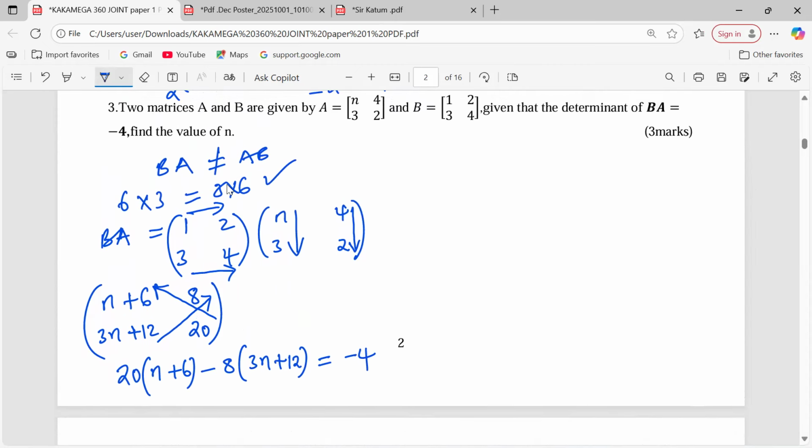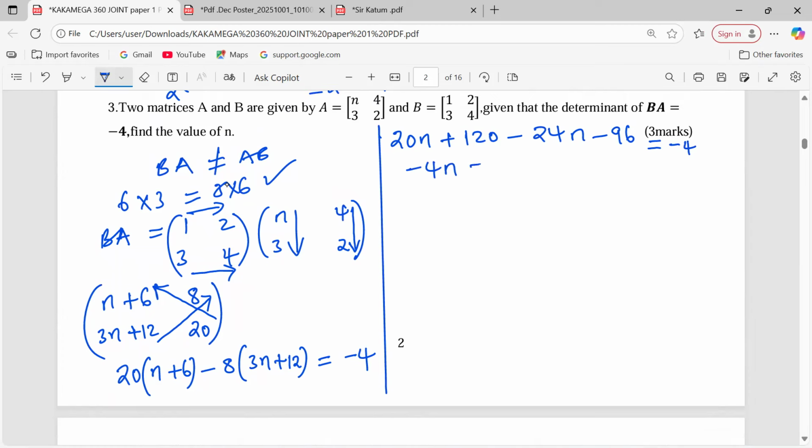Very simple. Now we can open brackets. We group terms together. We see what can be solved. We get the value of n. We keep moving. 20n plus 120 minus 24n minus 96. This is the same as minus 4. So let's talk about negative 4n equals, because I'm combining 20 and negative 24, minus 4.